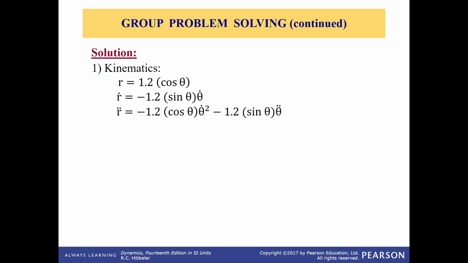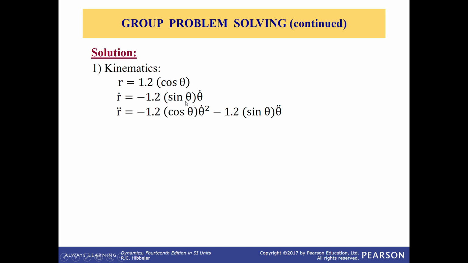Okay, to find the acceleration, in this case a theta and a_r, the tip is you find all the required parameters first. So they give you r equal to 1.2 cos theta. So you need to differentiate this with respect to time, dr over dt equal to negative 1.2 sine theta.